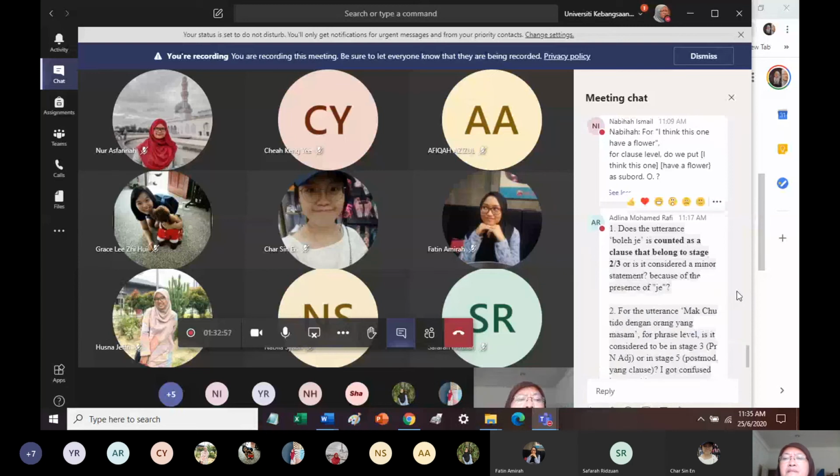Does the utterance boleh je is counted as a clause that belongs to stage 2 or 3? Or is it considered a minor statement because of the presence of je? Je ni daripada sahaja. Saja. Sahaja, saja, je. In English, it's only. So in English, it's called an adverbial.